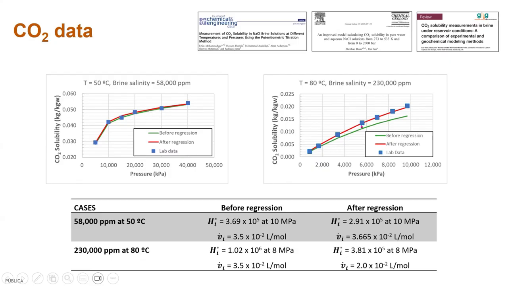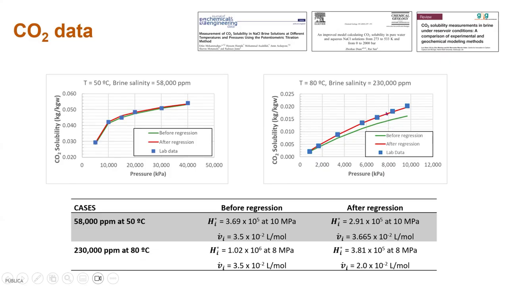However, when you are working with high salinity brines, you need to be careful, because high deviation can be observed, especially at higher pressure, between the prediction using default parameters and the prediction after the regression.